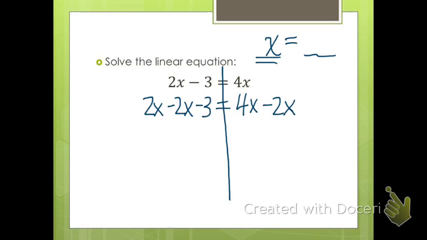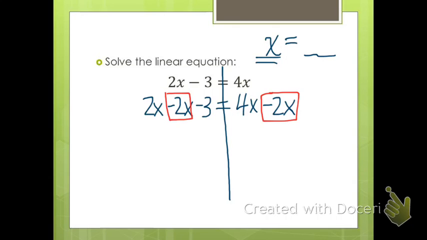The part that was new is subtracting 2x from both sides. So I used the second property of equality, so I know that this will still be a true equation that will have the same solution as that one.